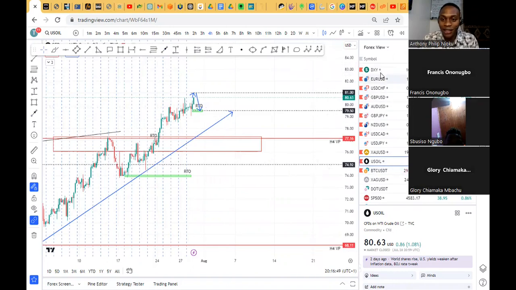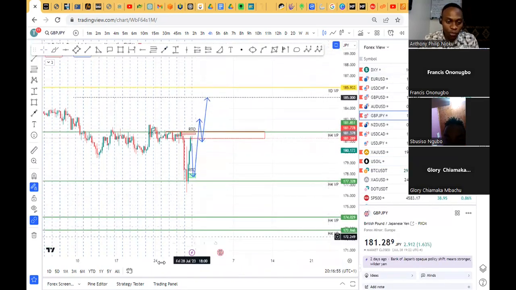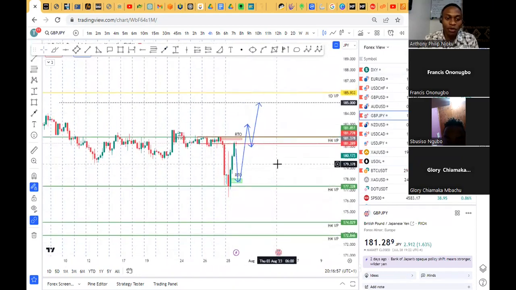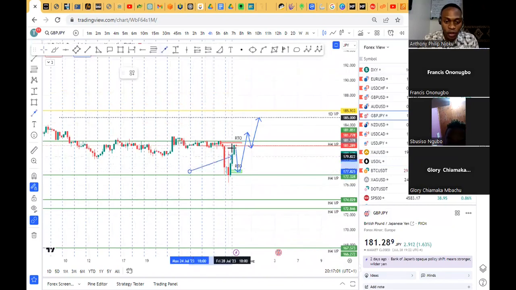So the next is GBP/JPY. Yes. For GBP/JPY, I expect a buy setup as well for more strength on GBP. This is where we have our return to origin and cause. This is more of a complex structure. If you're not that good at trading complex structure, you can just avoid this pair.